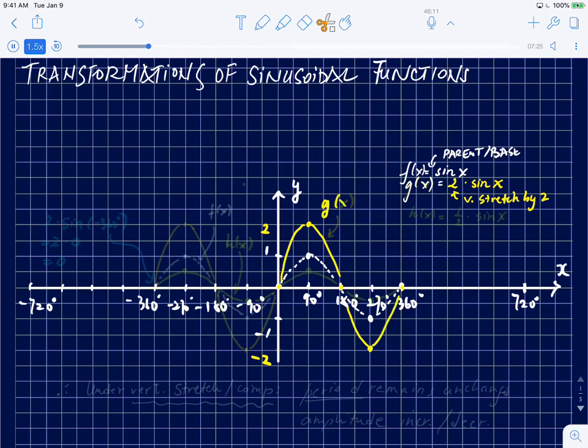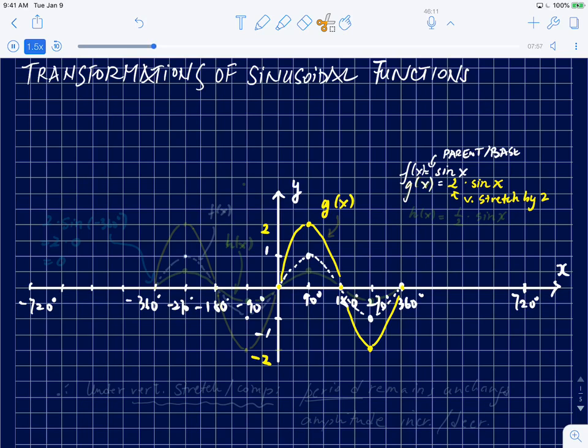So one was g of x, the other one was f of x. I'll label the f of x on the other side where there's more room. So if I continue to the left, can you guys complete this by yourselves? What happens at -90 with f of x? Yep, -1, then 0. What happens at -270?